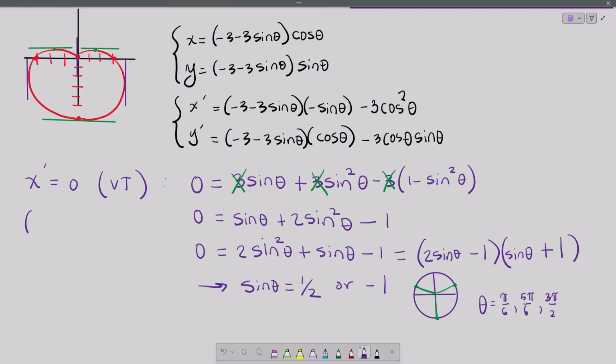Cosine of pi over 6 is root 3 over 2. Sine of pi over 6 is 1/2. So we'd have to simplify this. Maybe I'll find those coordinates after class ends so that we don't spend time doing all that arithmetic. But we are going to have 3 points here. And I will get them by plugging in the pi over 6, the 5 pi over 6, and the 3 pi over 2 right here.